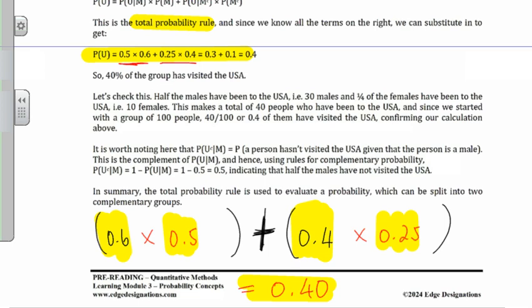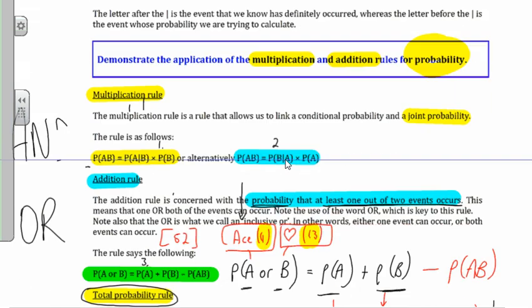So if we have to do a bit of revision where we are at this particular point in time, we have dealt with the multiplication rule. That's the AND rule. Sorry, that's the OR rule. Sorry, I'm getting myself a little bit confused over here. Let's just go back and make sure I show you this correctly, and don't confuse anybody, not including myself, of course. We start off with a multiplication rule. Multiplication rule says and: what's the probability of A and B happening?